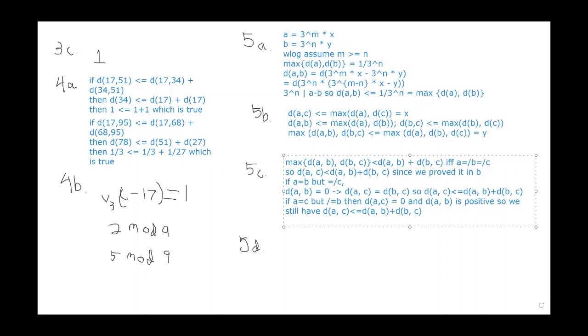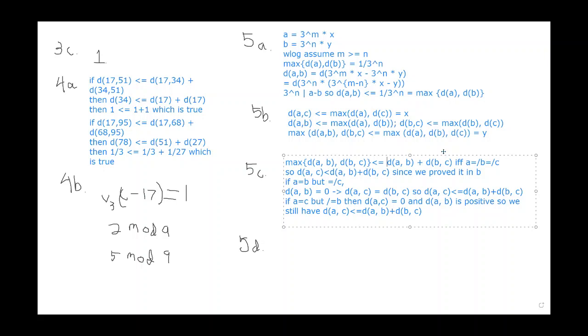So I will note that you don't have to actually divide this out into cases of if A equals B not equal to C, or if A equals C not equal to B. What's asked in the problem statement is just less than or equal to. So you don't actually need a strictly less than sign here. Simply a less than or equal to would suffice. So max of d of AB, d of BC is less than or equal to d of AB plus d of BC, and this is because all distances are non-negative.